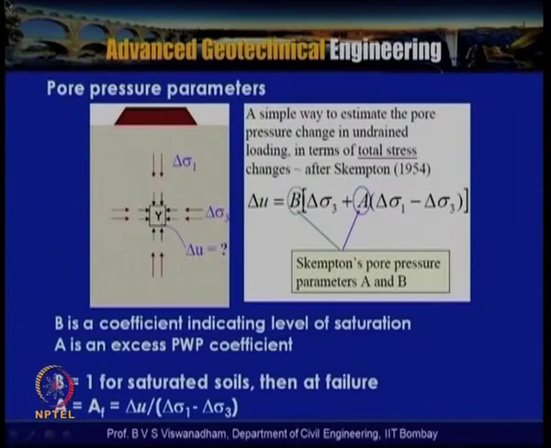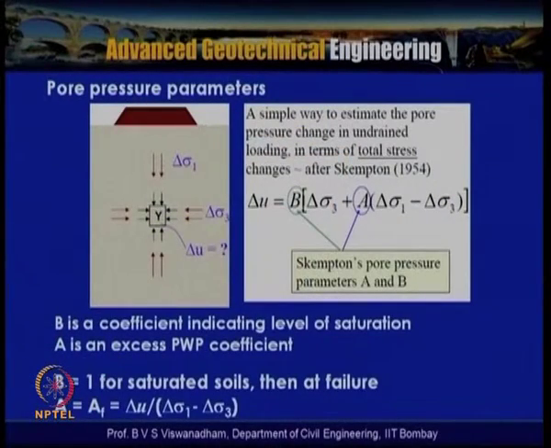Before discussing the stress paths in case of consolidated undrained triaxial tests, we should also introduce ourselves to two parameters put forward by Skempton. They are called Skempton's pore water pressure parameters.